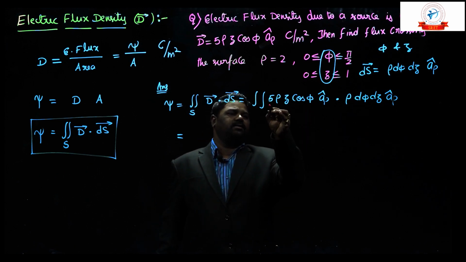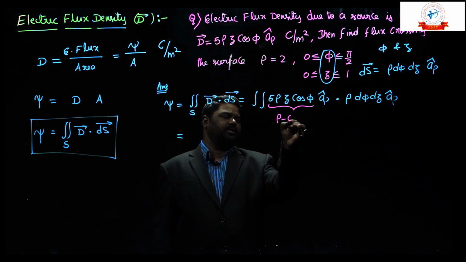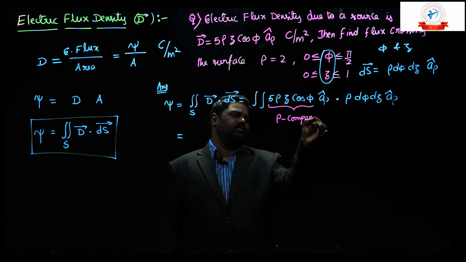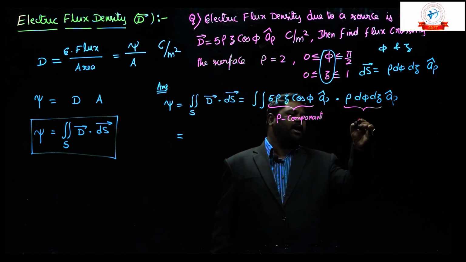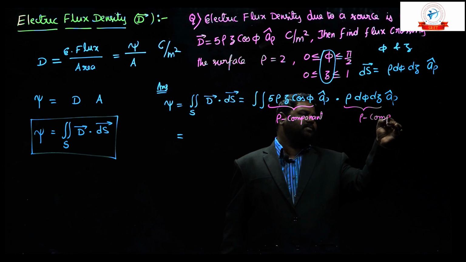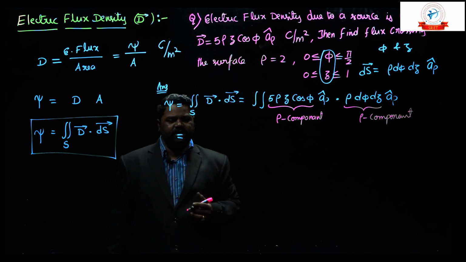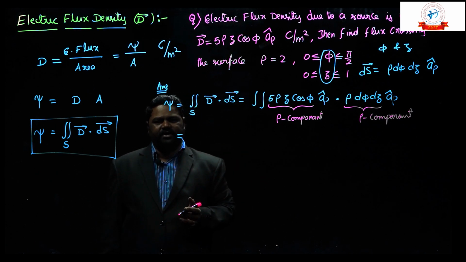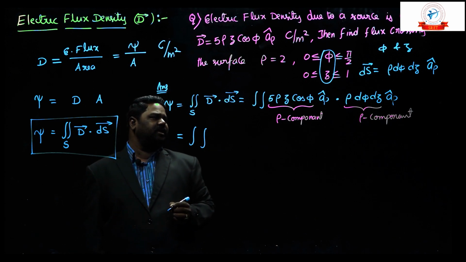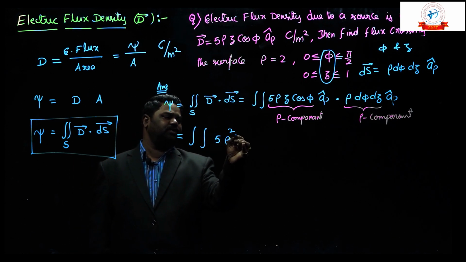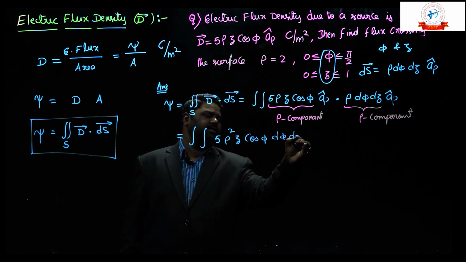In the first vector, this entire term is multiplied with a rho cap, so it contains a rho component. In the second vector, the entire term is also multiplied with a rho cap, so it also contains a rho component. Both vectors have the same component, the rho component. Just multiply the rho components, that is the dot product. Then the equation will be the surface integral of 5 rho square z cos phi d phi dz.